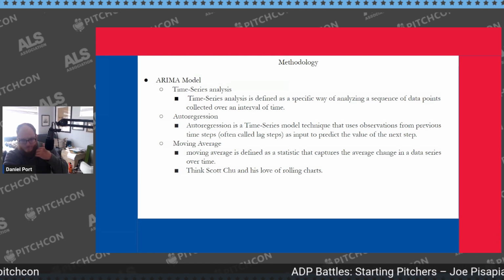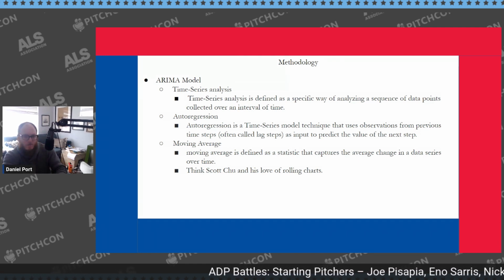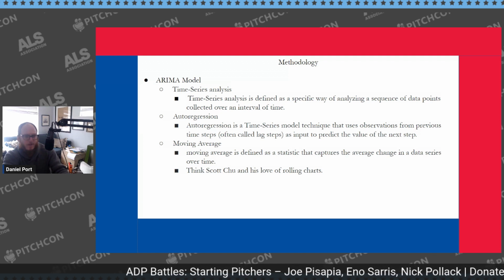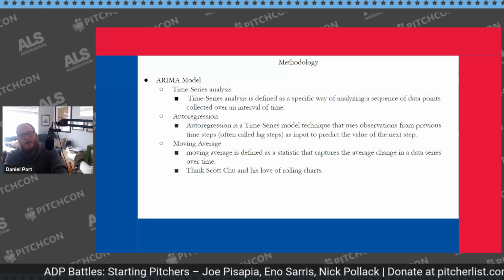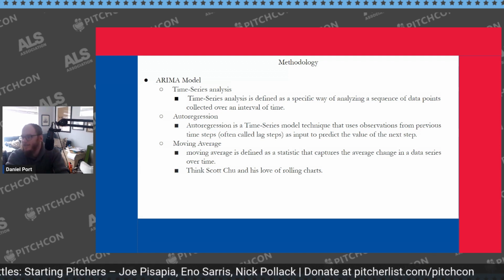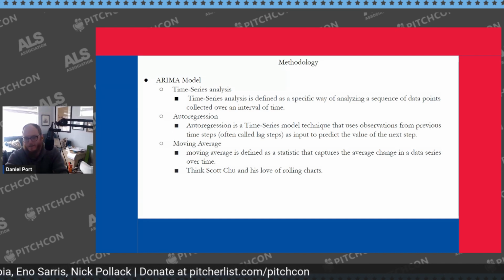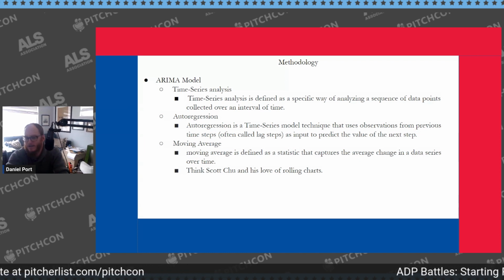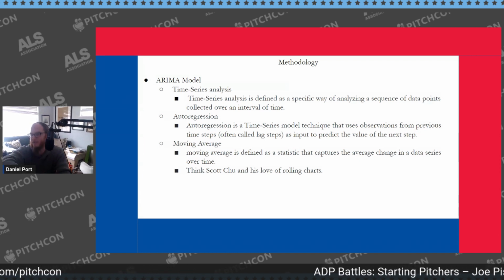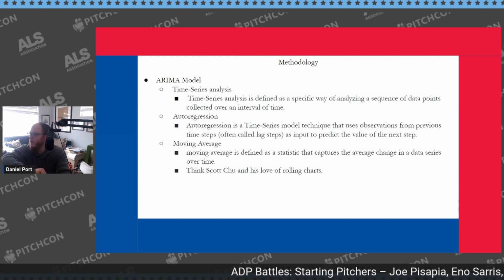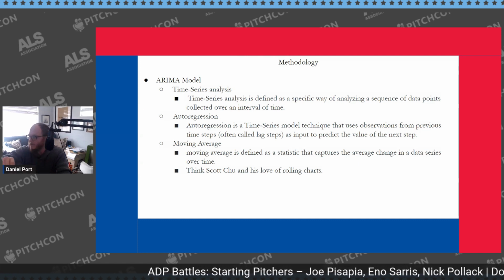And when you look at a moving average, which is the last part there, the MA in an ARIMA model, we see these all the time. If you follow Scott Chu, who I love, I think he's one of the smartest people in the business, and his love for rolling charts, where he'll take something like batting average and show it as it moves and changes throughout the season, right?